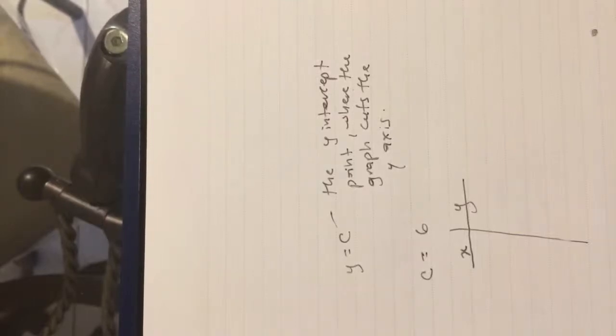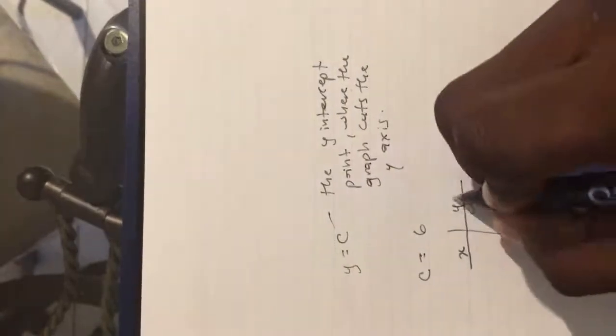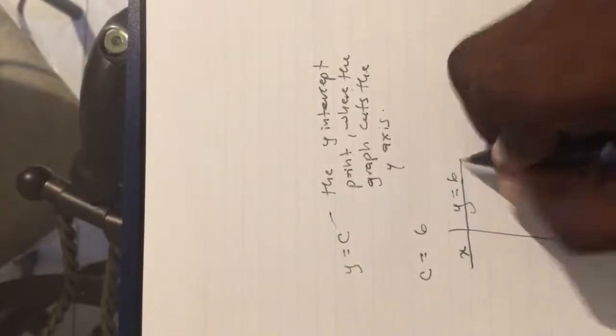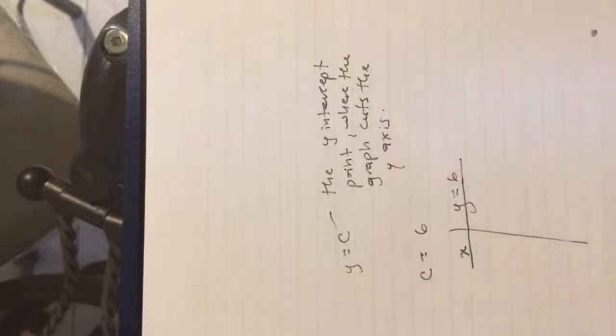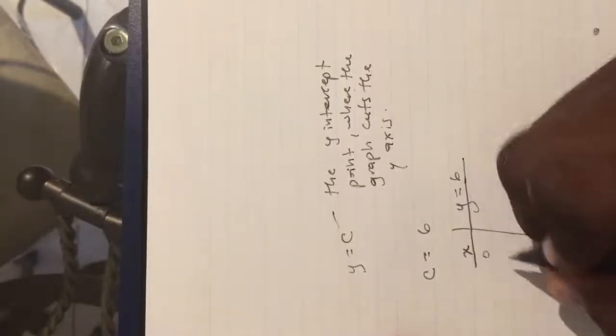It's just based on what you come up with or what the question says. If the question says c is 8, you will do the same steps that I'm doing now. But we're saying c is 6, so therefore y is equal to 6. If you observe this, we don't have any substitution to do, because we don't have an x in the formula.